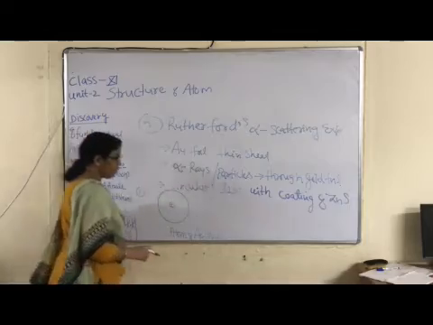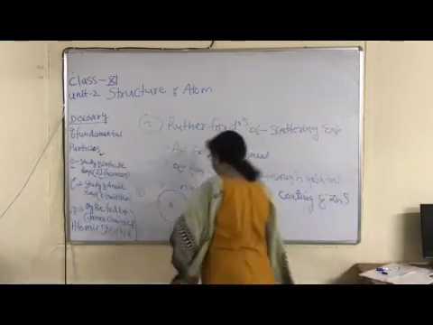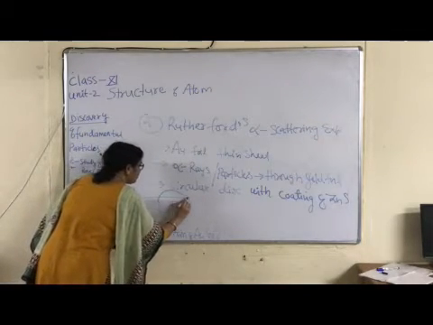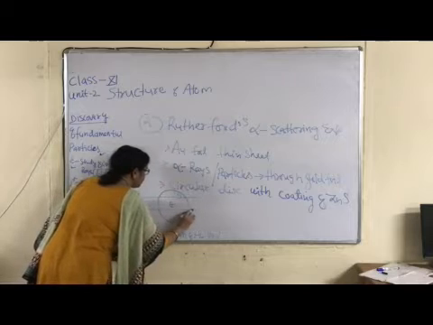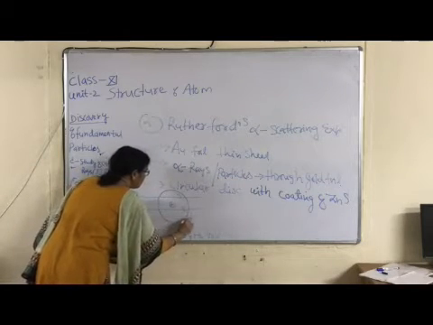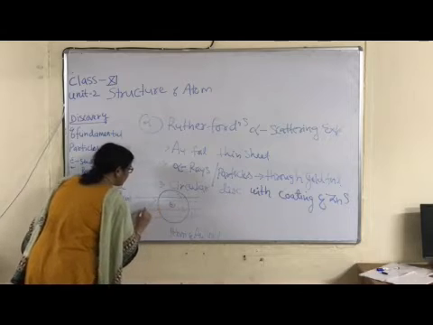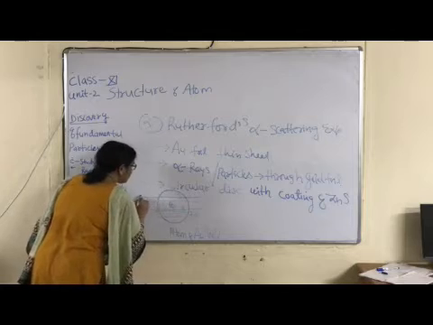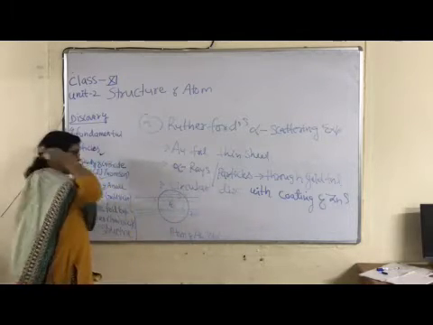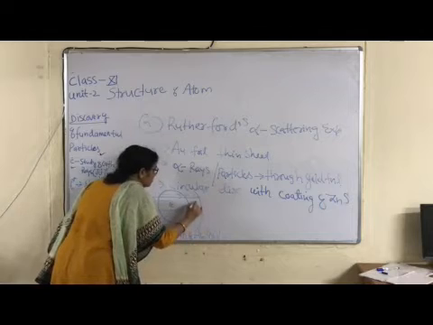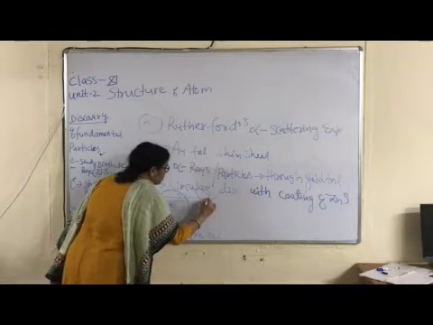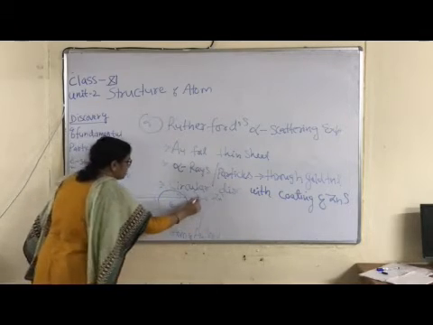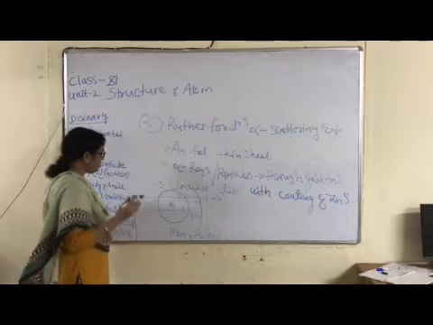The first observation of this experiment: most of the radiations remain undeflected like this. Each line shows the movement of alpha rays in a straight line. It means no deflection occurs. And this is the fluorescent screen. The screen is made of zinc sulfide, ZnS, right children? So this is showing undeflected radiations.